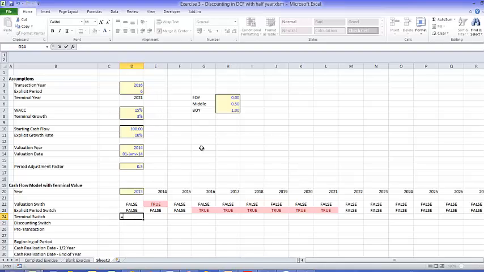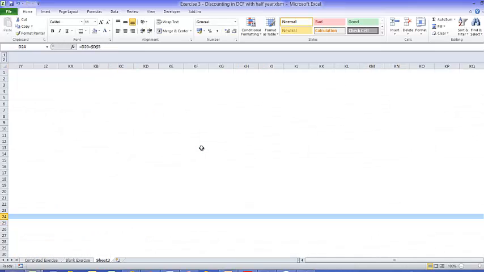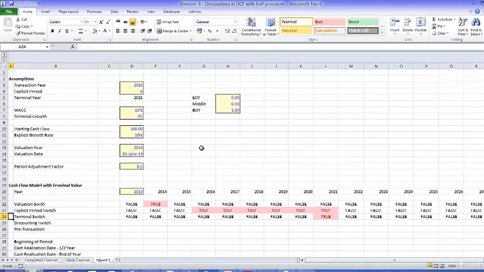Now let's just make another switch and say that this year equals the terminal year. The reason this switch will be so important, Shift Control G, is that it's the only period in which we get the cash flows.